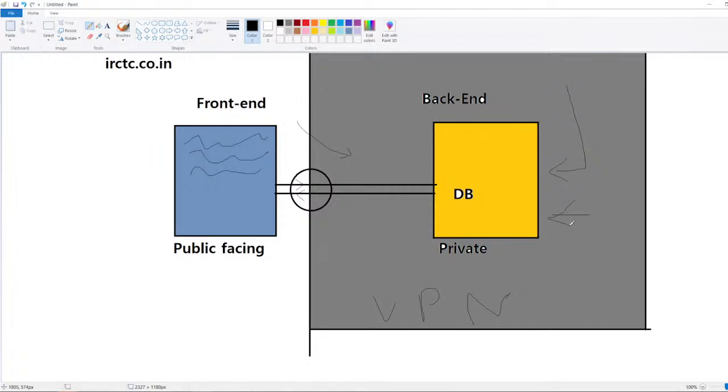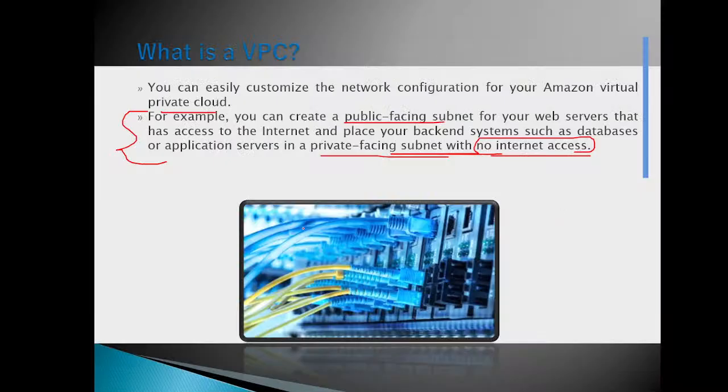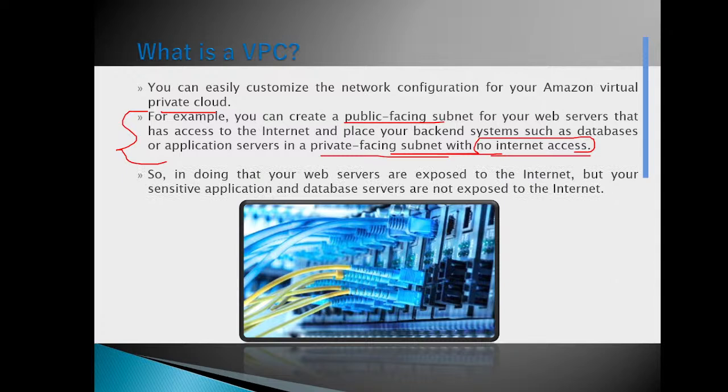Because to protect it from cyber attack. So in doing that, your web servers are exposed to the internet, but your sensitive application and database servers are not exposed to the internet. Clear?